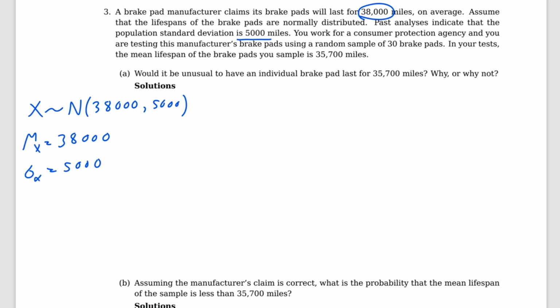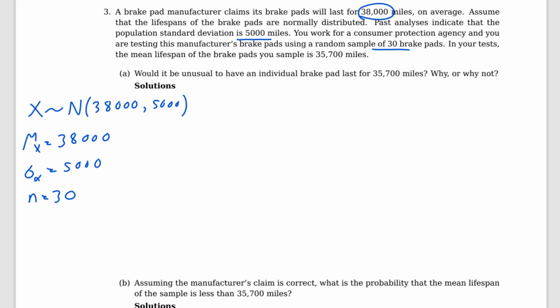Then, you work for a consumer protection agency and you are testing this manufacturer's brake pads using a random sample of 30. Then what is the 30? 30 is n equals 30, that is the random sample, right?